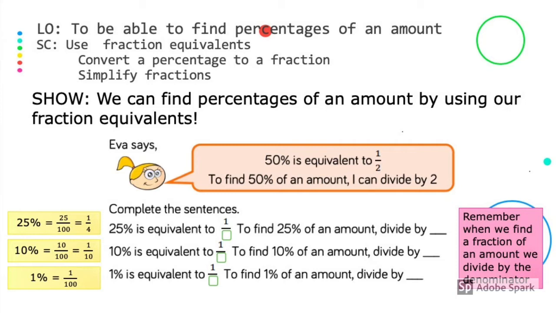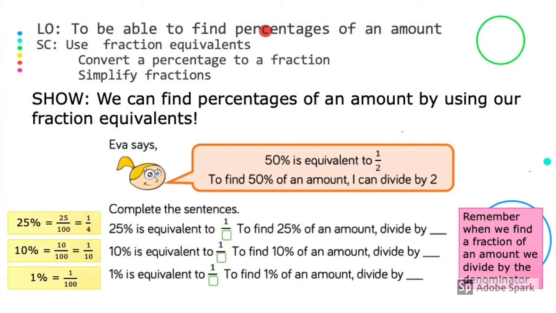Therefore, 25% becomes 25 hundredths, which is the same as a quarter when we divide both the numerator and the denominator by 25. For 10%, we put the 10 over 100, 10 hundredths, and this is equivalent to 1/10 when we divide both the numerator and the denominator by 10.